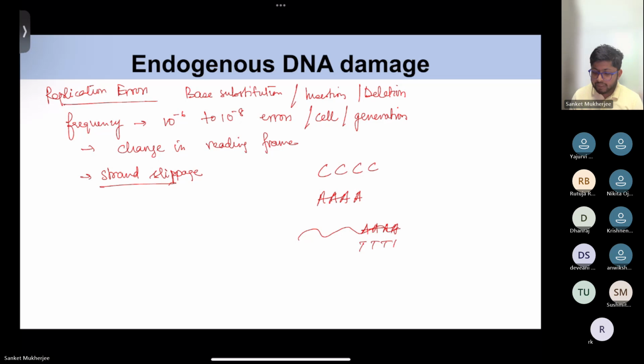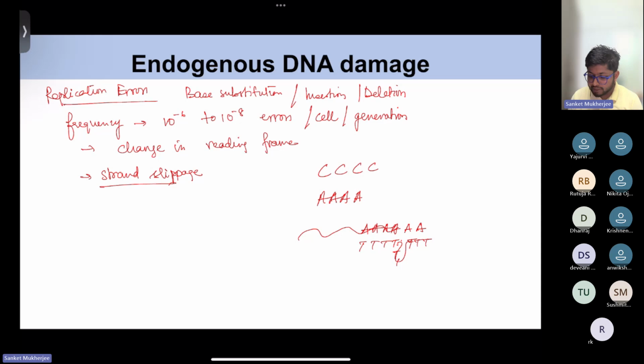But since it is a long stretch of DNA which has repetitive elements, let's say A, for example, the polymerase can slip, and while slipping it is still incorporating thymine, again forming thymine.